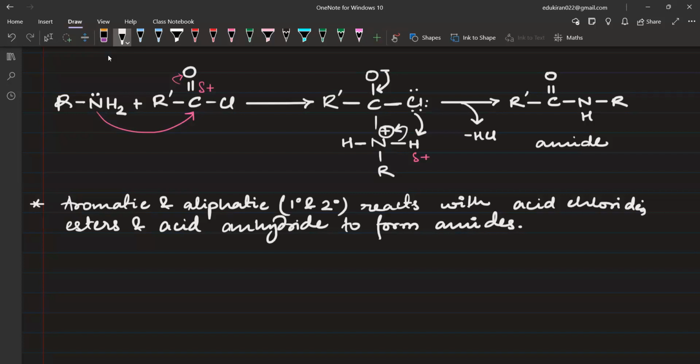Acid anhydride में वहाँ पे carboxylic acid form होगा. So generally this reaction is done in the presence of pyridine.